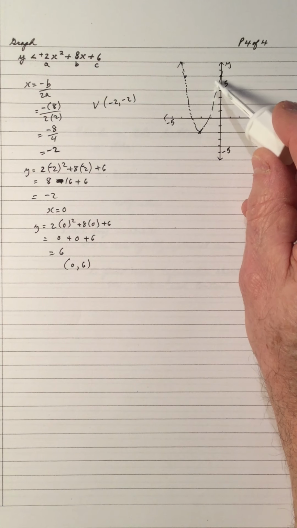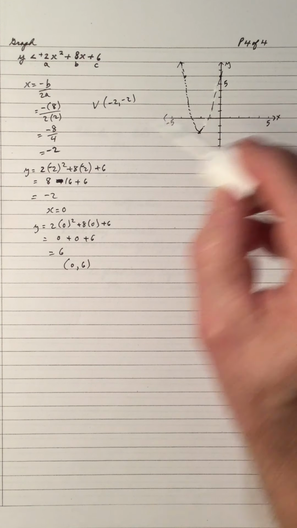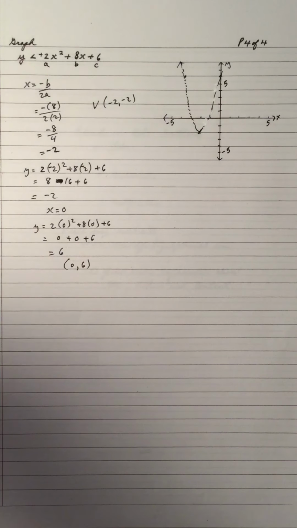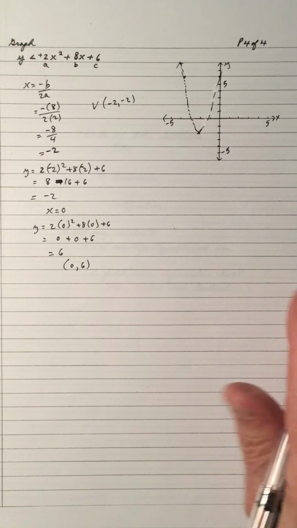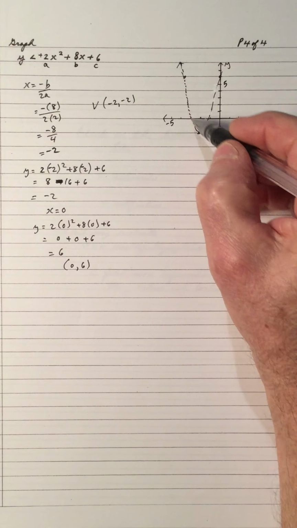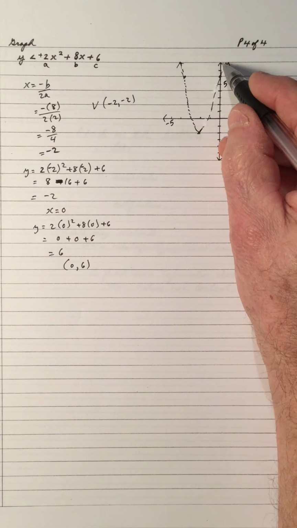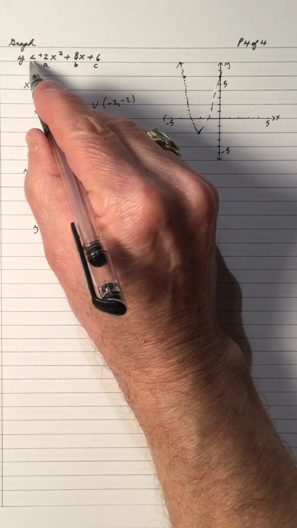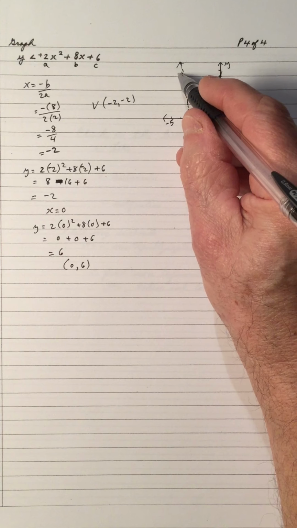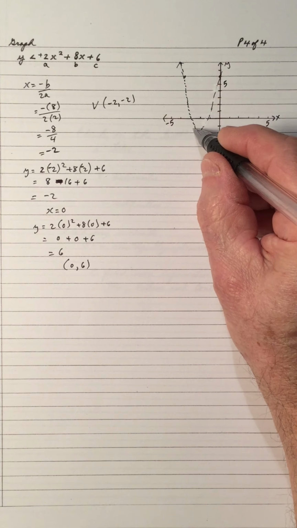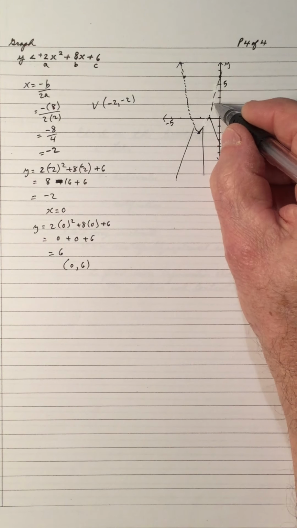I was not thinking about the boundary line then. Because there's no equal sign, this boundary line is broken. Less than is below, so I have to shade downward.